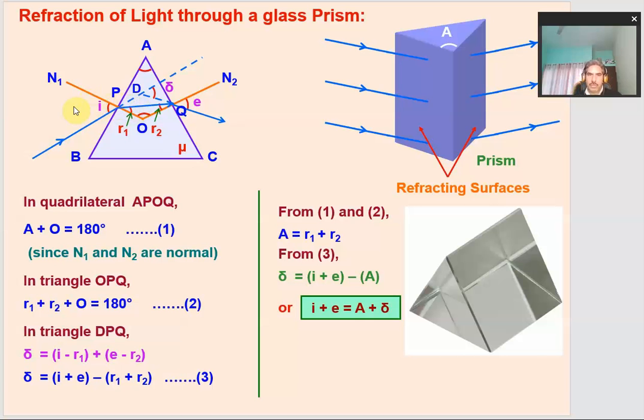Because it is coming from rarer medium to denser medium, the light ray bends towards the normal. So here it is normal. N1O is nothing but the normal at this point P on this surface AB. So this light ray now travels in the glass medium along PQ. So PQ is the refracted light ray.